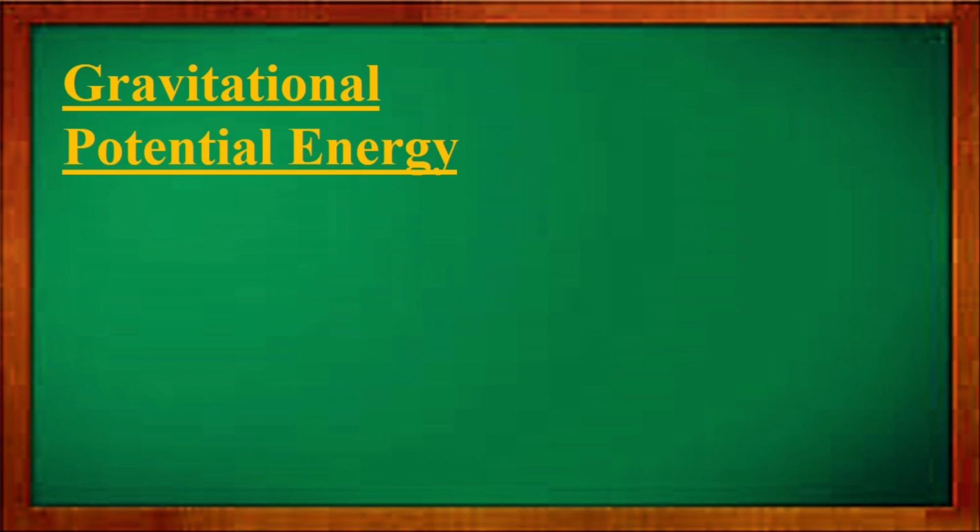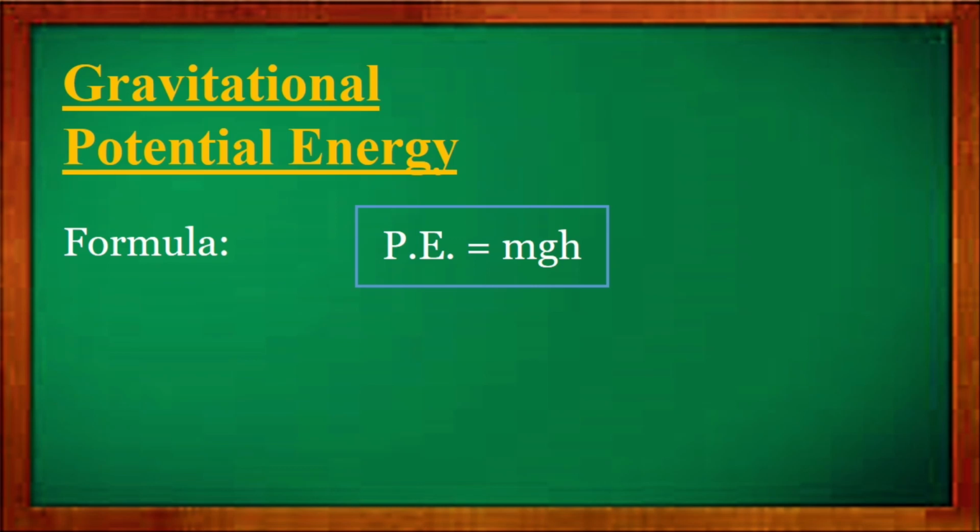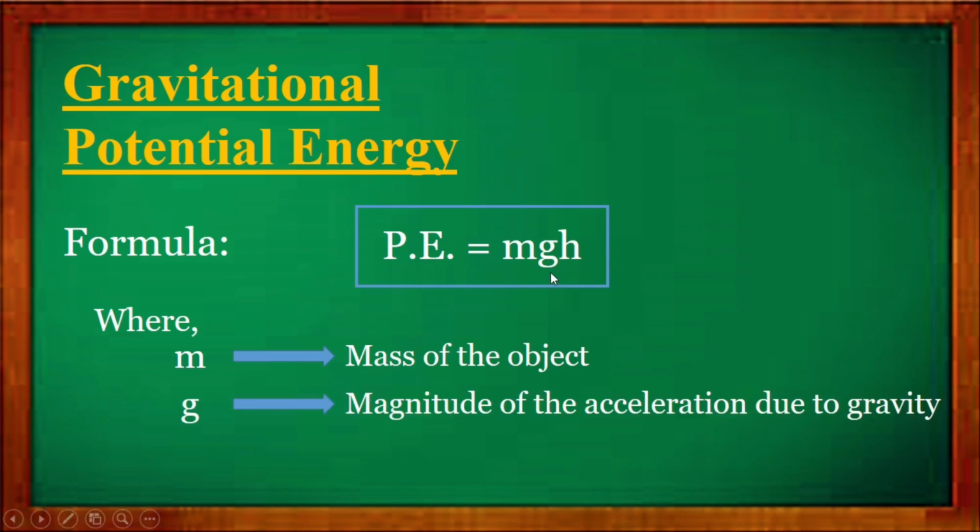According to a source, we are going to use this formula: PE equals M times G times H. Again, the formula that we are going to use to get the value of the gravitational potential energy is PE, or potential energy, equals M times G times H, wherein M stands as the mass of the object, G stands as the magnitude of the acceleration due to gravity, and H stands as the height.